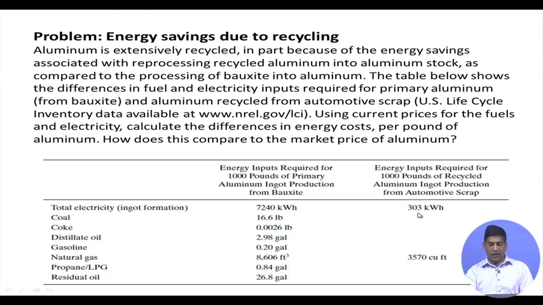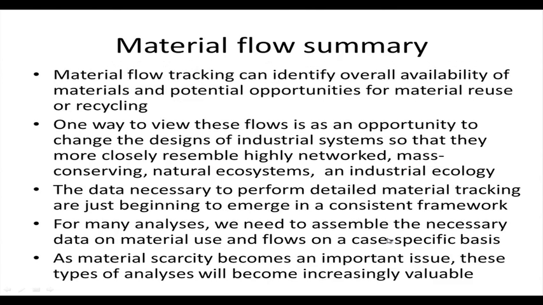So it's 23 to 24 times less energy needed from recycling than from raw material. That saves a lot of energy, and that saving of energy leads to more profit margin and better environmental performance. So all these things help.